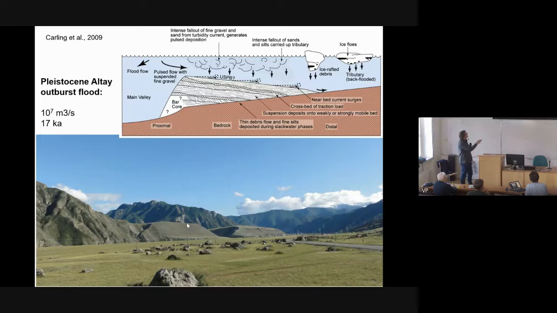This would be a cross-section of what this looks like. So you have this tilting outwards of sediments and suspension deposits that, well, John Johnson can explain better how this works, because I'm not really an expert on this.